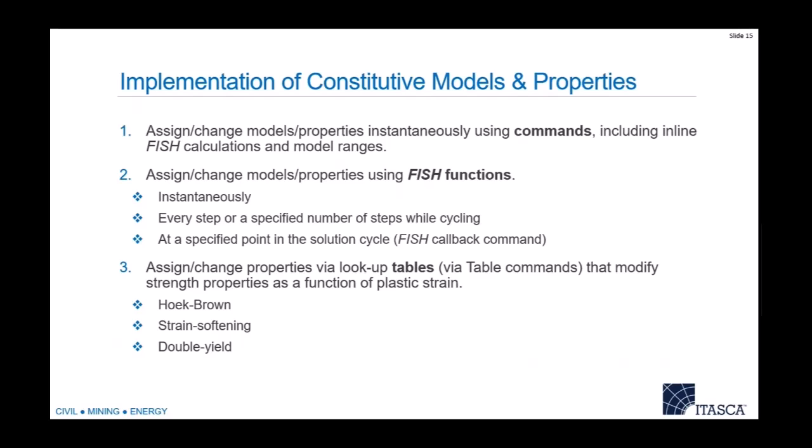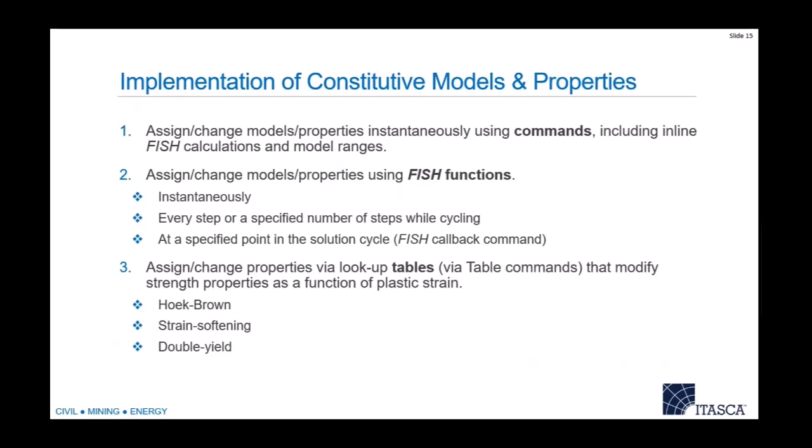On point number 2 here, you can actually set it up so that the properties change. The fun part about using FISH, this is really one of the reasons that you would use Itasca software, is you have this FISH capability, like Python, and you can do crazy stuff like assign different distributions of properties.